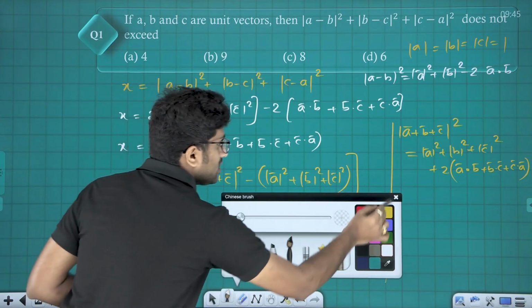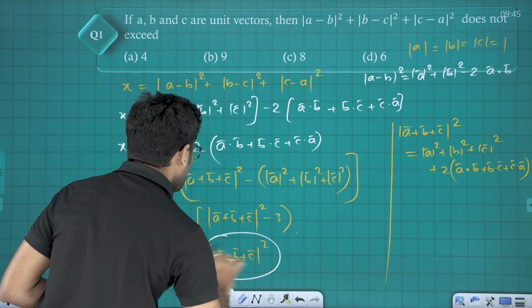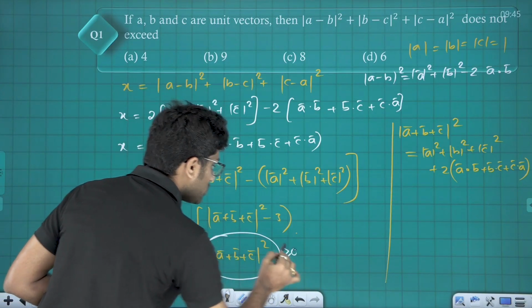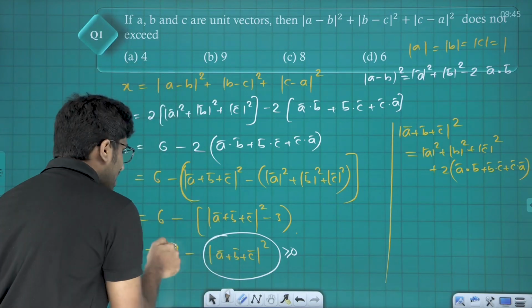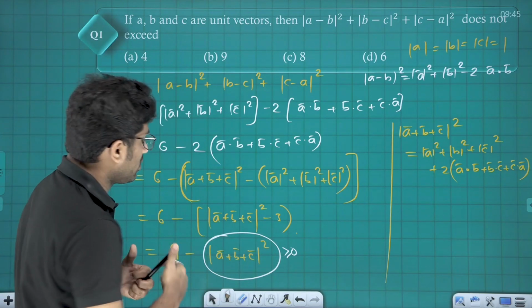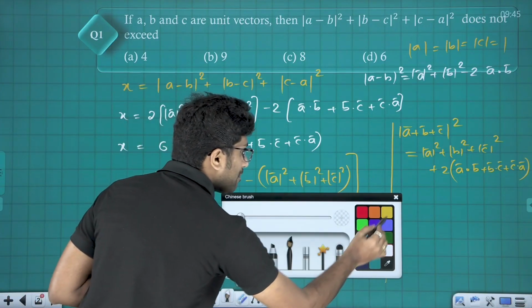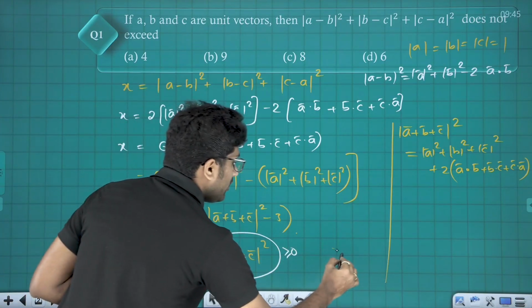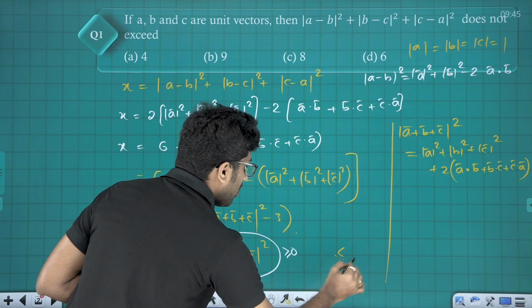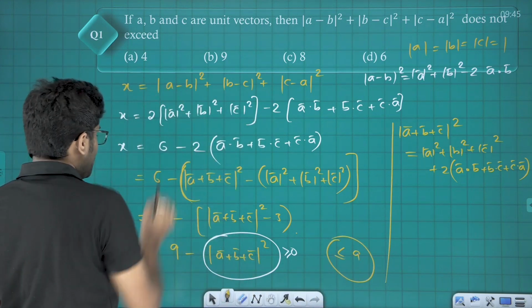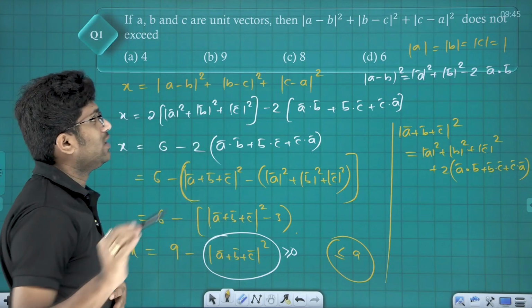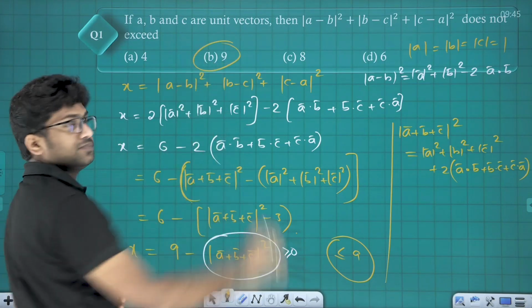Now friends, this value will always be greater than or equal to 0, because mod of something will always be greater than or equal to 0. So 9 minus a value which is always greater than or equal to 0 means this complete expression will always be less than or equal to 9. So this expression x won't exceed the value 9, which is option B.